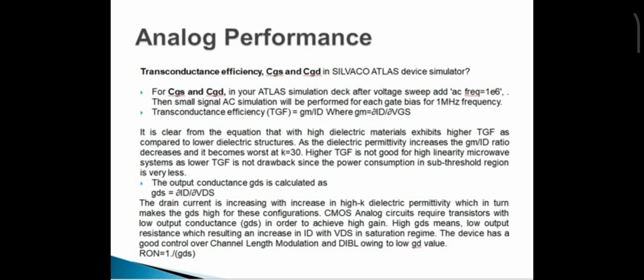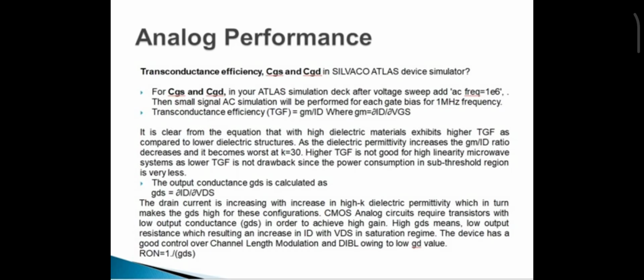As the dielectric permittivity increases, the Gm by ID ratio decreases and it becomes worst at K equal to 30. Higher TGF is not good for high linearity microwave systems, while lower TGF is not a drawback since the power consumption in the sub-threshold region is very less.